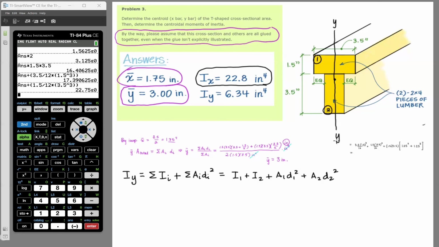So IY, or IYY, excuse me, we need to do the same operation as before. So moment of inertia of shape 1 about its own parallel axis. Well, the parallel axis for shape 1 is that one. So I'm going to do a base of 1.5, a height of 3.5, cubed, divided by 12.